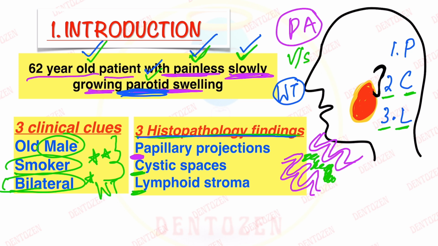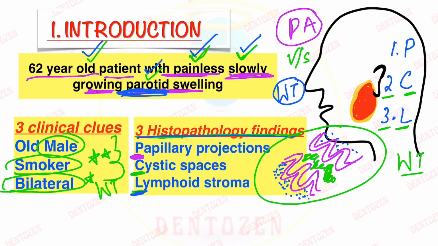Now beneath the epithelium we can see lot of lymphoid aggregate, abundant lymphoid aggregate in this tumor. So that is your third component, third finding, that is lymphoid stroma. So if you see all these three findings in a characteristic histopathology, then you can definitely give the diagnosis of Warthin's tumor. So remember, PCL, papillary cystic areas and lymphoid stroma.